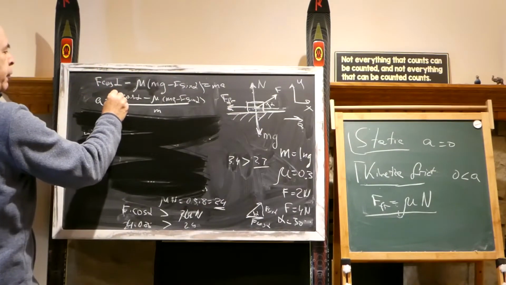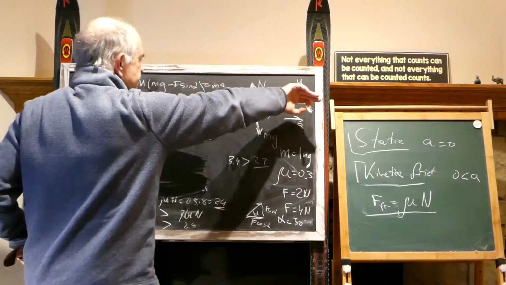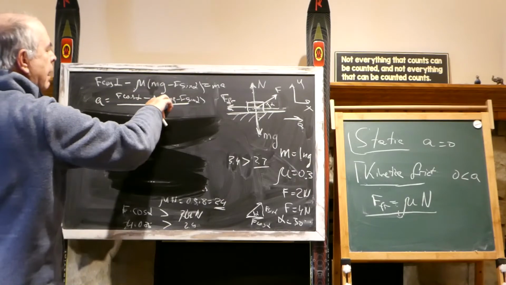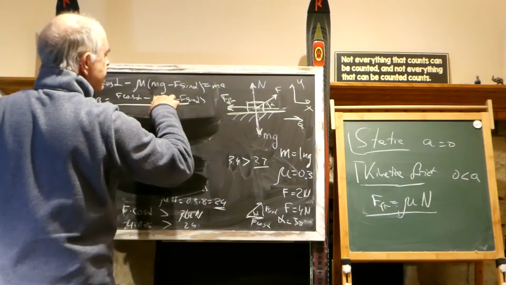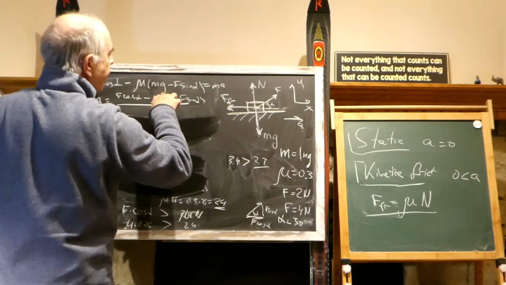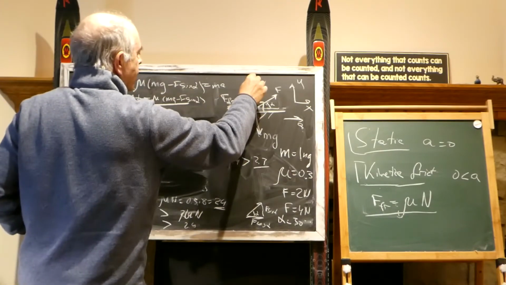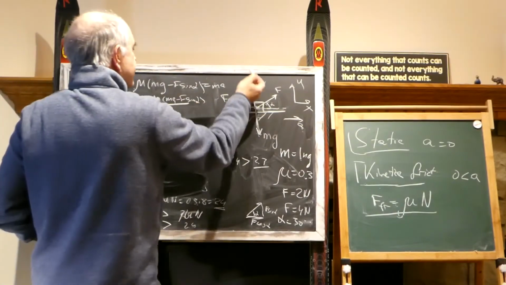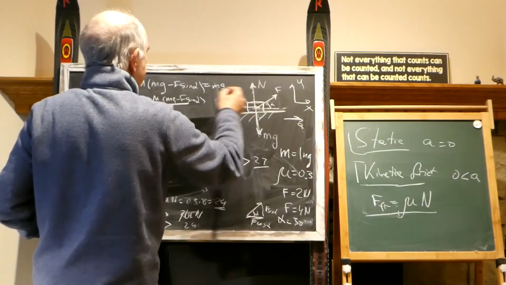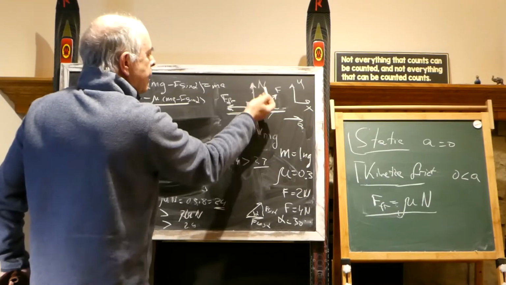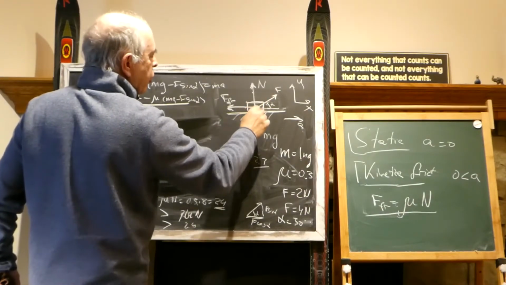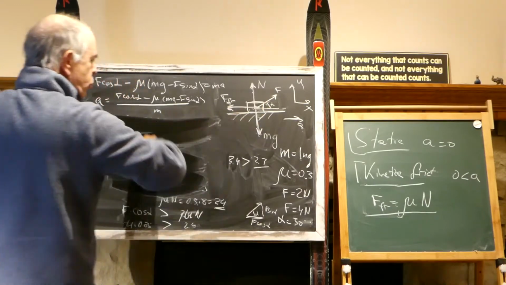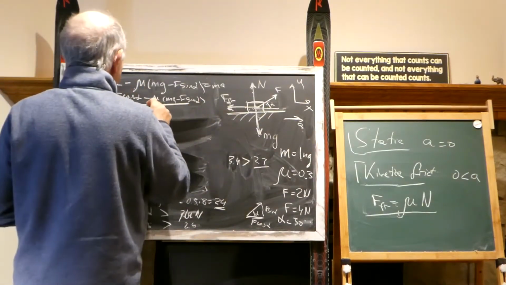It means that F cosine is pushing this way, friction is less, and A should be positive. Friction is mu by N, but N is also smaller because my force is lifting the body. When I am lifting the body, N becomes smaller because F sine alpha contributes to lifting the body and counteracting mg. So N should counteract less to be balanced in vertical direction.